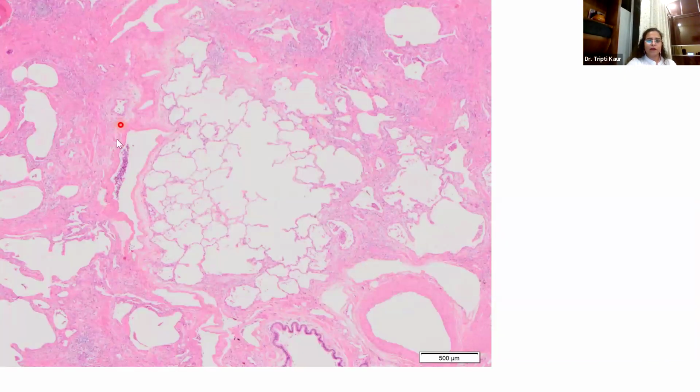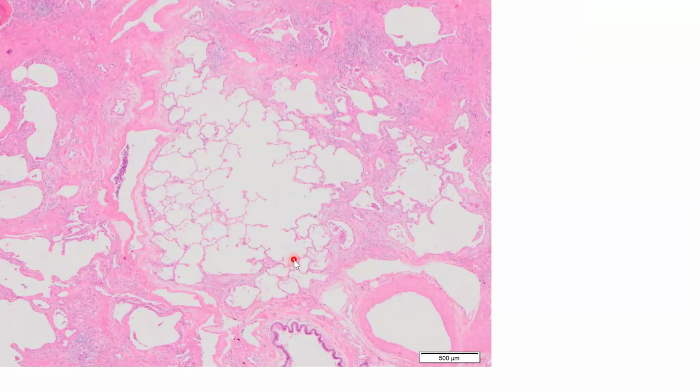Now, this is an uninvolved area surrounded by a complete fibrotic area, and usually at the interface of an involved and uninvolved area, you see these fibroblastic foci. Why don't you call it a fibroblastic plug? It is not within the alveolar space itself, it is just lining the base of the alveolar wall.